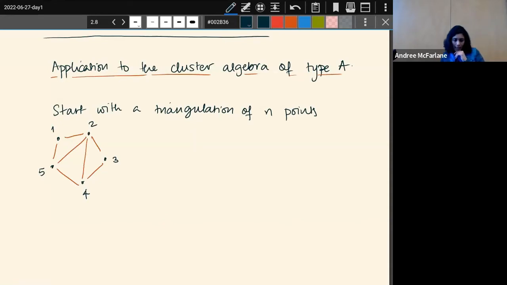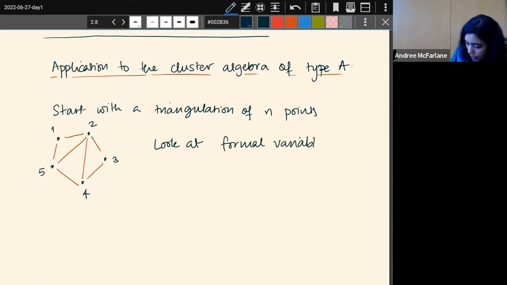I have certain edges in the triangulation, so I'll look at formal variables. I'm just going to throw in variables x_ij every time there is an edge ij. The order between i and j doesn't matter.